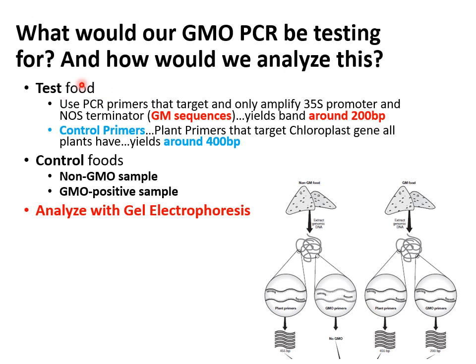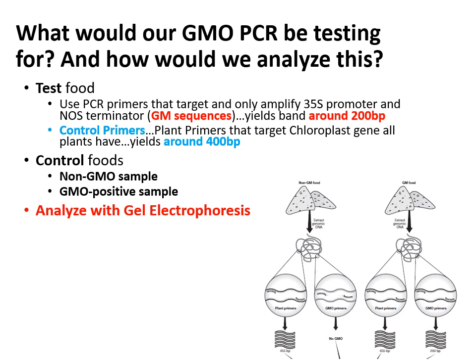You would take your test food and use PCR primers that target the promoter and terminator that we mentioned earlier that are added to genetically modified foods. These PCR primers would only bind to and amplify the 35S promoter we talked about and the NOS terminator.